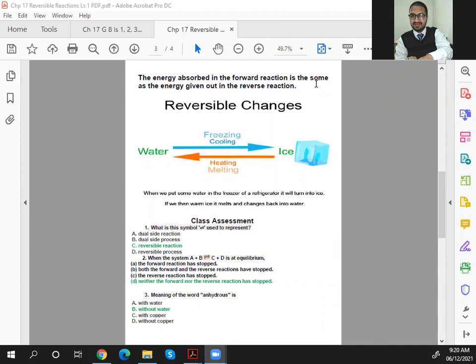When a reaction goes forward, the amount of energy released is the same amount of energy you need to give to the products to go back. Understand? For example, during the freezing process of water, if you want to freeze the water, you need to take out energy. Obviously, if you take out energy, then it becomes cool.